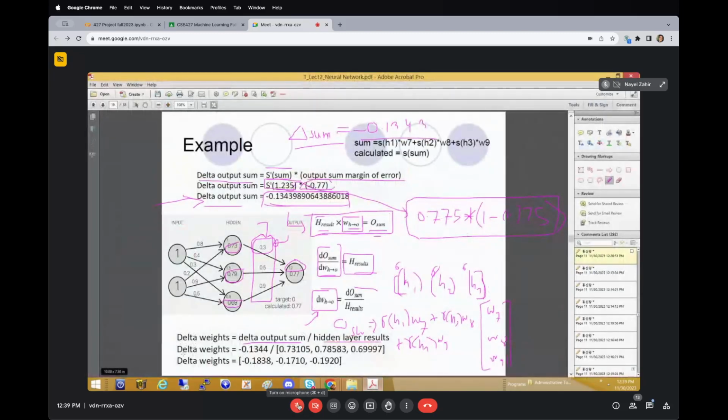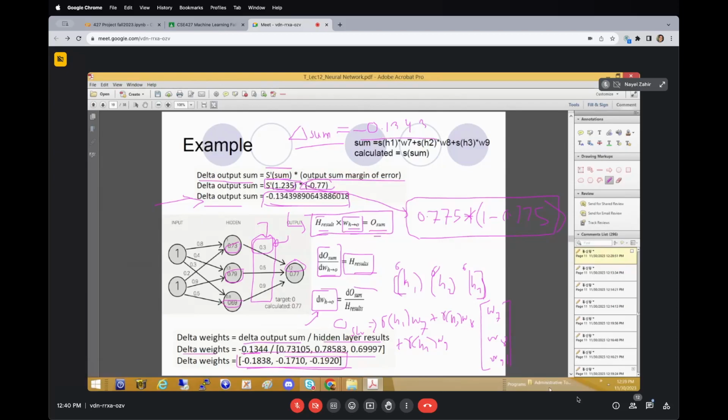Okay, so we can see the delta weights. The delta output sum divided by the hidden layer results, these are the hidden layer results, gives us these values. These are our delta weights, which means we need to update the weights using these values.